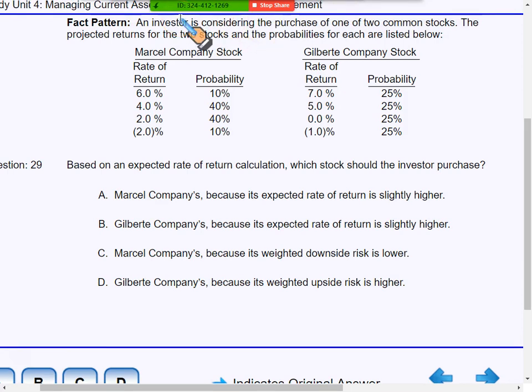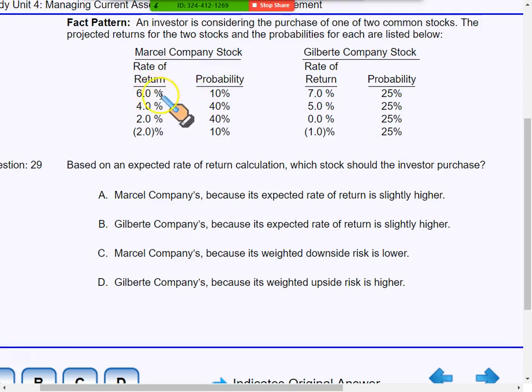Question 29. An investor is considering the purchase of one of the two common stocks. The projected returns for the two stocks and the probabilities for each are listed below. This is Mercer company.